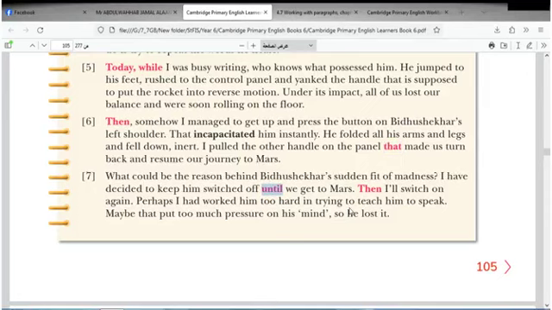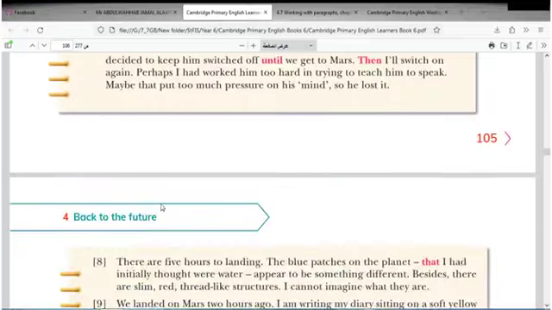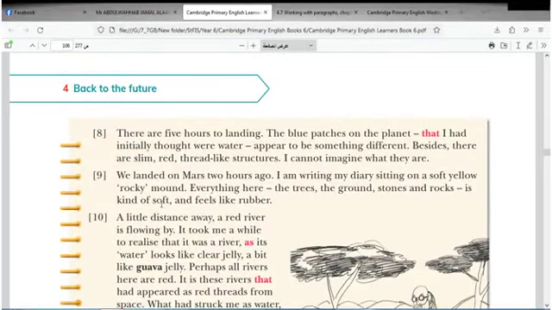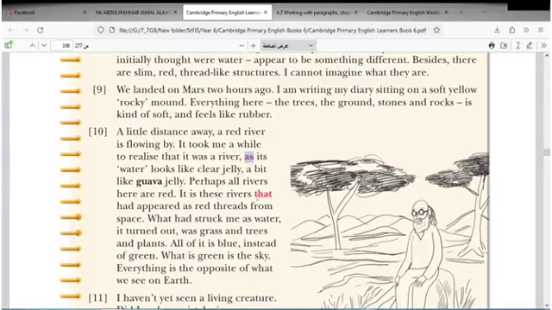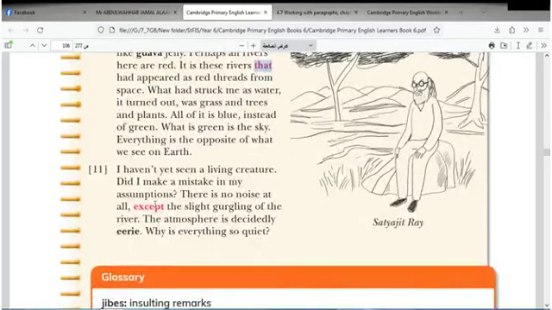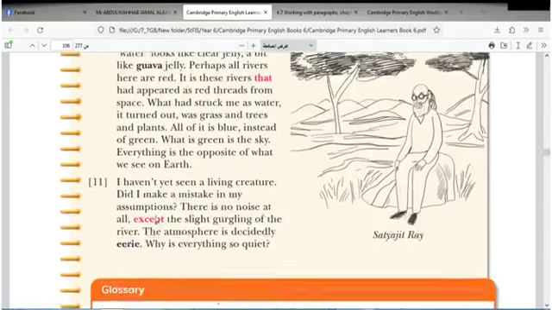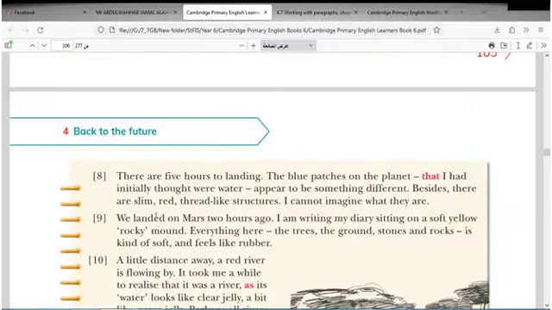Until, time or sequence. Then, time or sequence. That, again, relative pronoun. As, it could be comparing or it could be reasoning. That, relative clause. Except for, I am excluding, I'm contrasting. Okay?